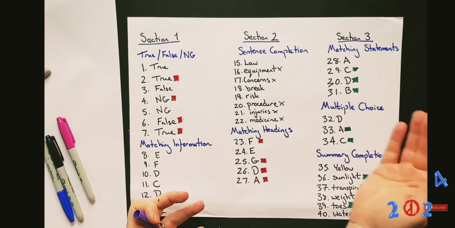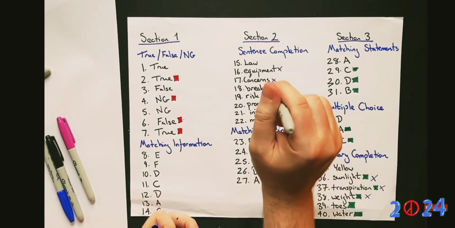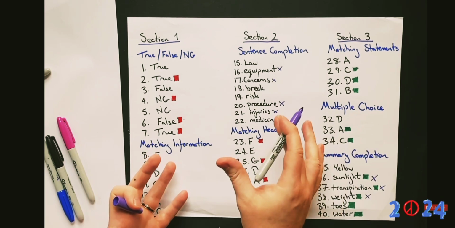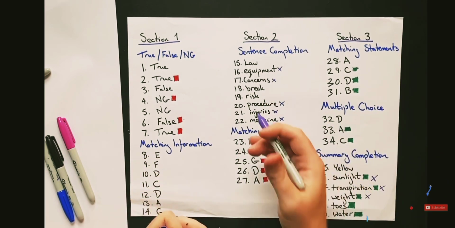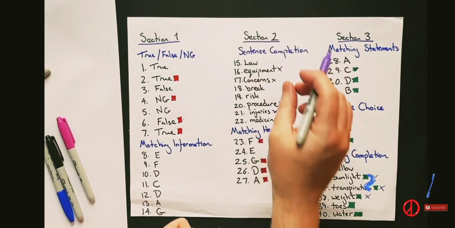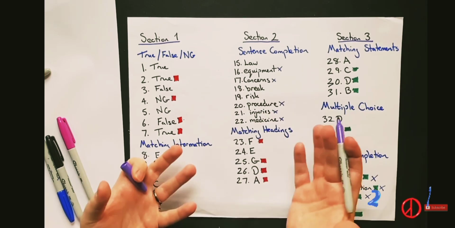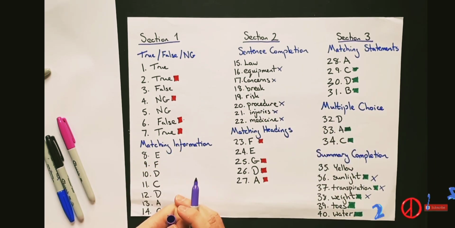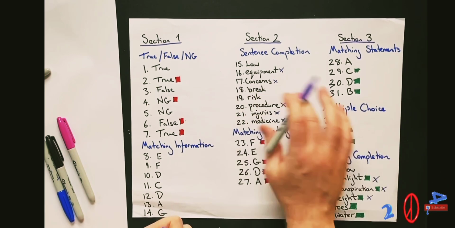And they had no problem actually getting the correct answer. They got the correct answer for all of these. They have no problem, therefore, with sentence completion or summary completion because they actually found the correct answer. However, this student spelt equipment wrong, concerns wrong. They had a problem with the spelling of procedure, injuries, sunlight, transpiration, and weight.